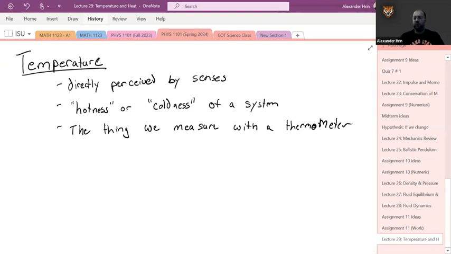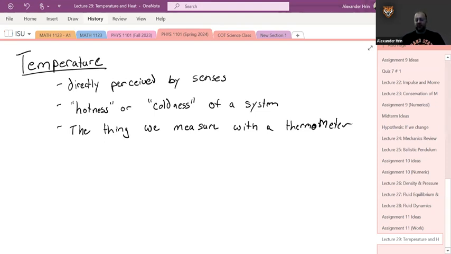And you have a small bulb and then a long, narrow tube that the mercury can go up. Now, the idea with how that works is that when something gets warmer, it expands. When it gets colder, it contracts. So the mercury in the bulb warms up, and as it does that, it expands a little bit, and that pushes it further up that column.